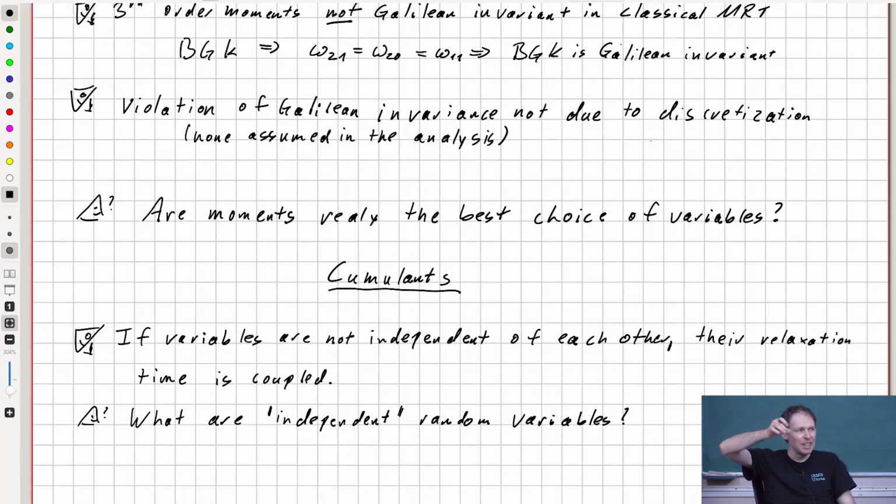So it's always a random variable. So when are random variables independent of each other? Can anybody give me a guess what this means?